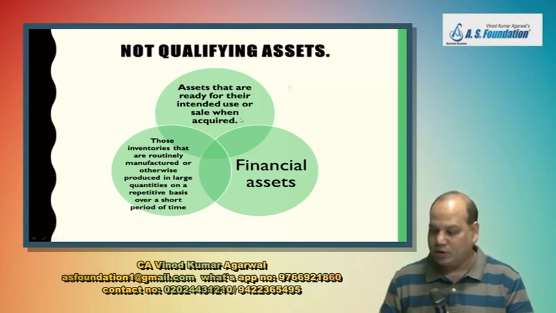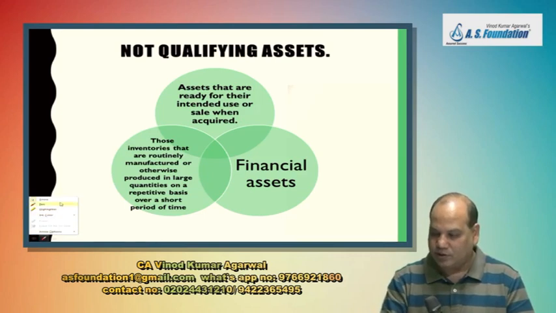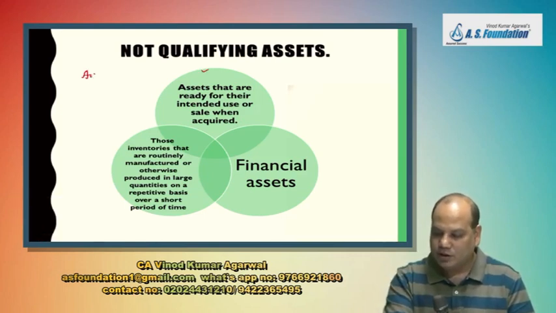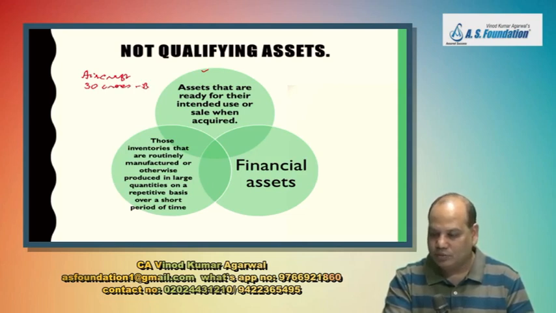Now, this is an important thing. Sometimes in the exam they have asked a question like this. You have purchased an aircraft. It's an expensive asset. You borrowed 30 crore rupees. You paid 3 crore as borrowing cost or interest.